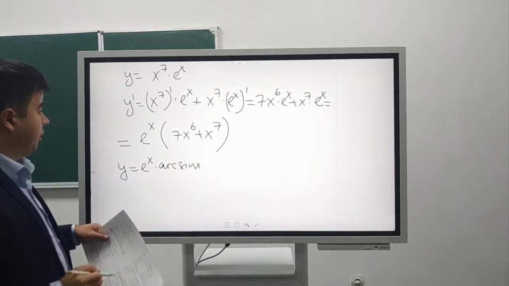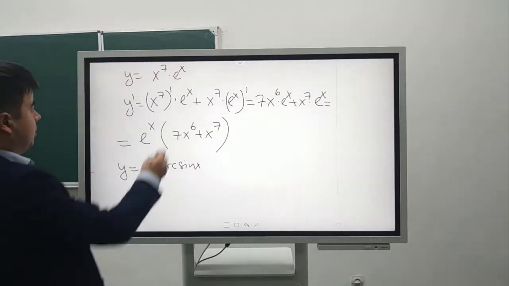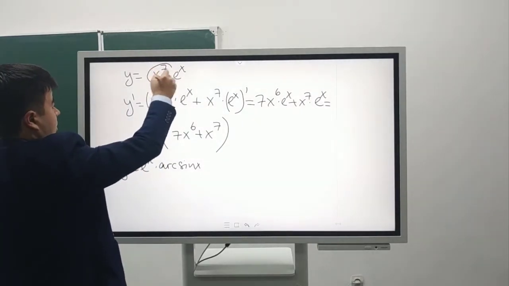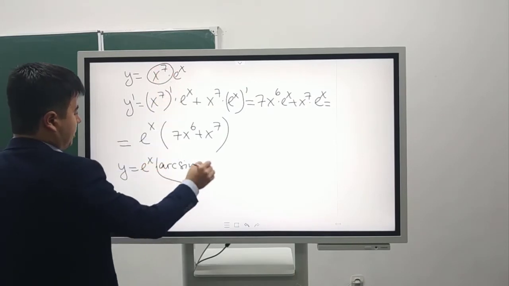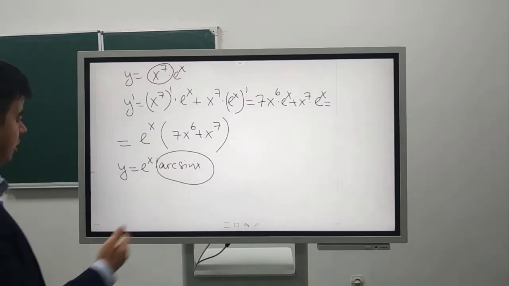I think it's also clear. It is similar to this one here, just instead of x to the 7th power, we have arc sine x. And it's also the derivative of a product of two functions.